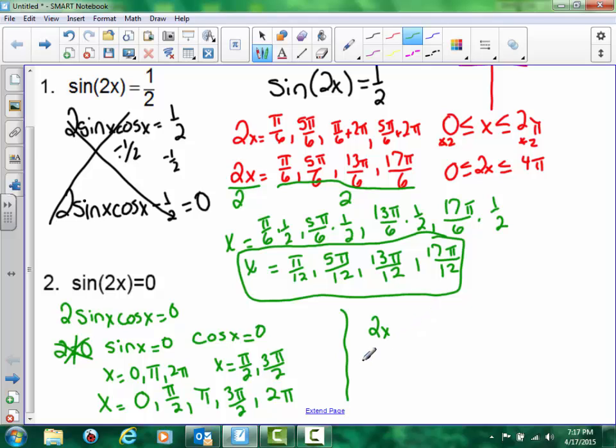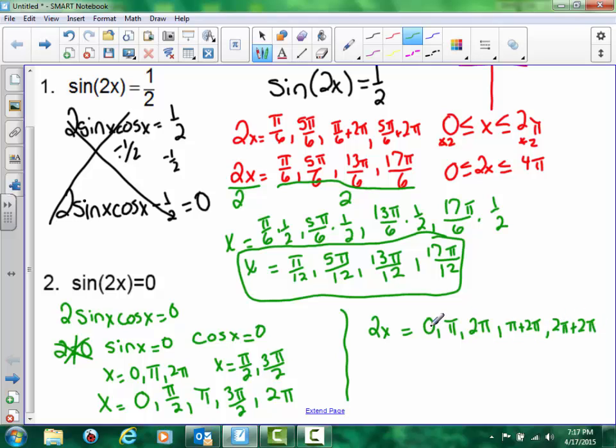So 2x equals 0. Well, sine equals 0 at 0, pi, and 2 pi. Then we would need to add 2 pi to go the second time around the circle. So pi plus 2 pi and 2 pi plus 2 pi.